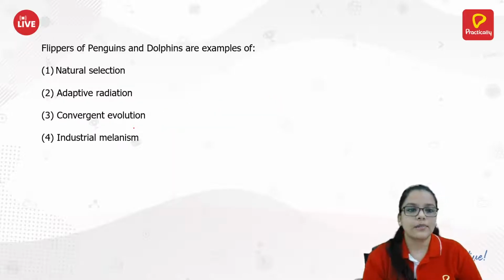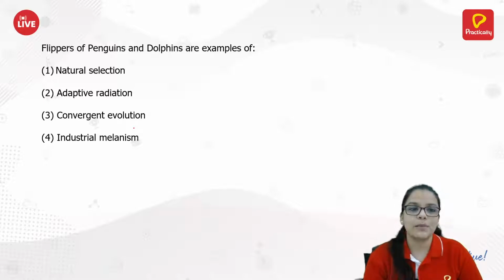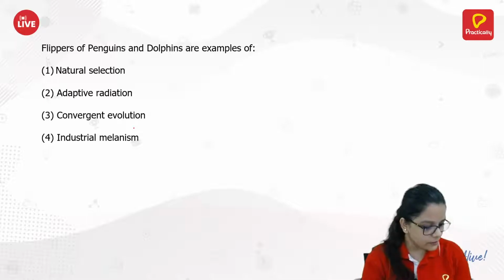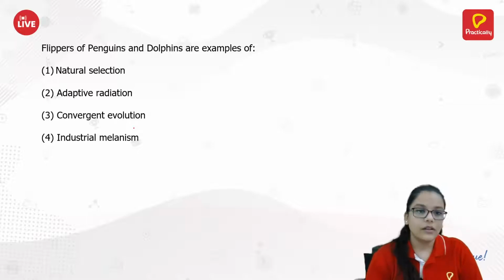Okay, next. Flippers of penguins and dolphins are examples of natural selection, adaptive radiation, convergent evolution, industrial melanism. Anyone? Can anyone answer? Okay, the answer is convergent evolution.